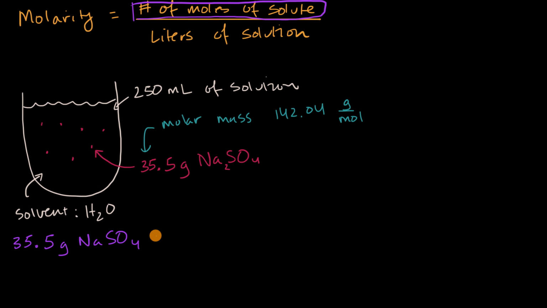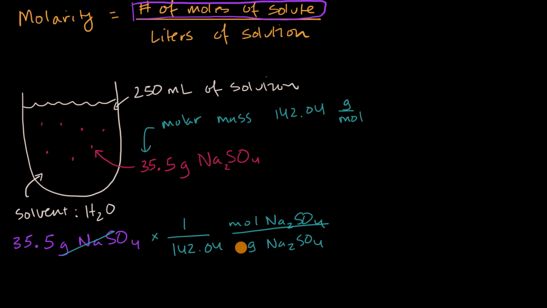I could multiply this times, for every 1 mole of sodium sulfate, Na2SO4, we have 142.04 grams of sodium sulfate. You can see very clearly that that will cancel with that, and we're left with moles of sodium sulfate.